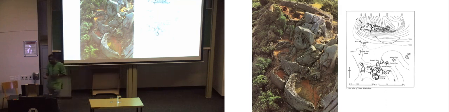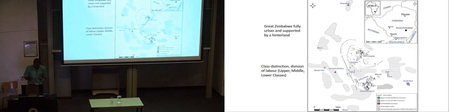The hill complex is quite an important place within Great Zimbabwe itself and around it. One of the things that we need to understand about Great Zimbabwe is that archaeologists believe that Great Zimbabwe was fully urban, an urban area with a dense concentration of people.